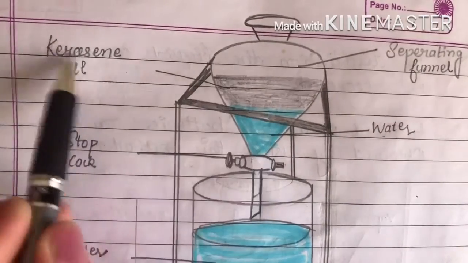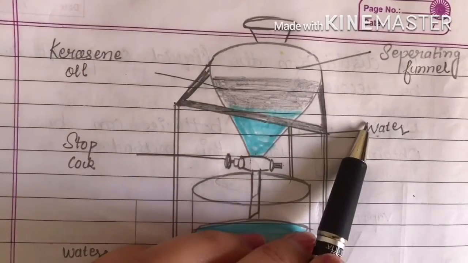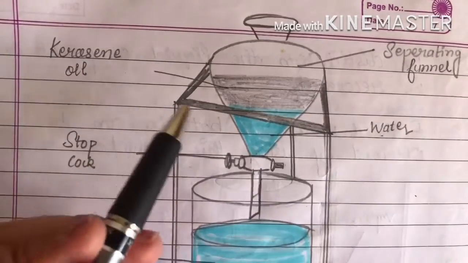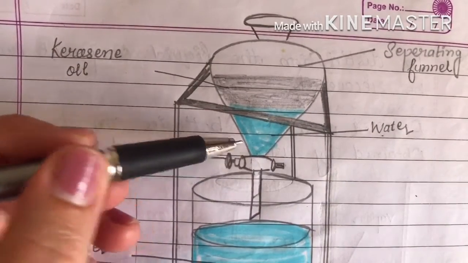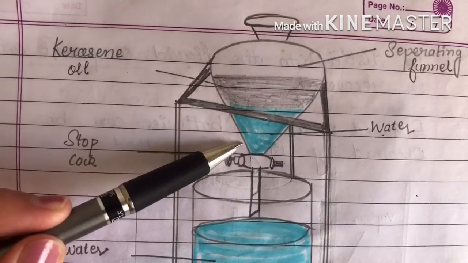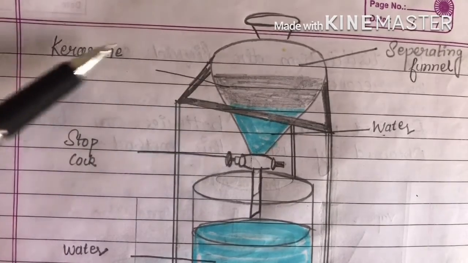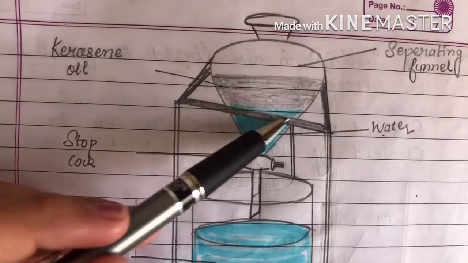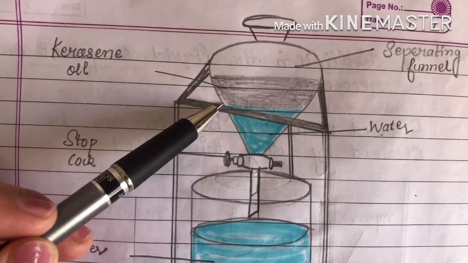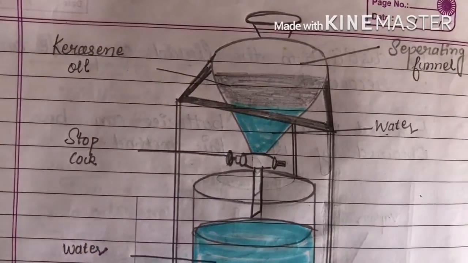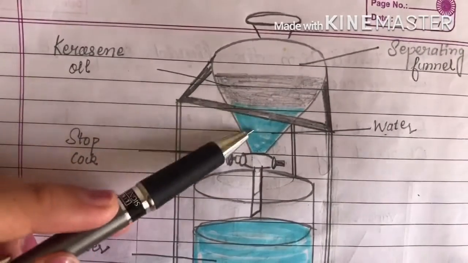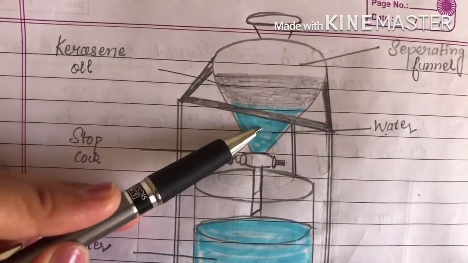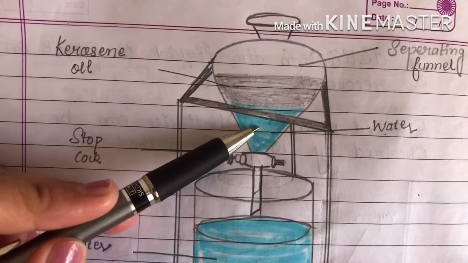Here we take a mixture of kerosene oil and water. Then we have to let that mixture stand. Then after some time, what will happen? The oil floats on the surface of the water. Then we observe two separate layers, one of kerosene oil and one of water.